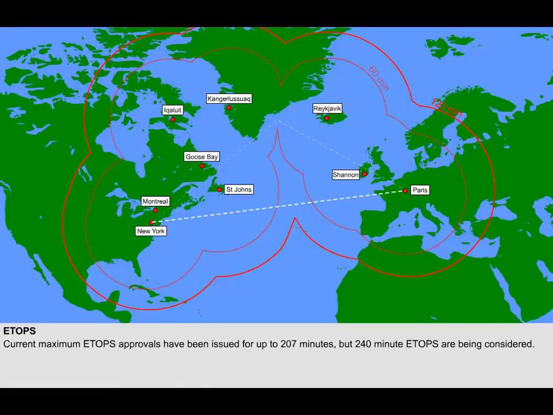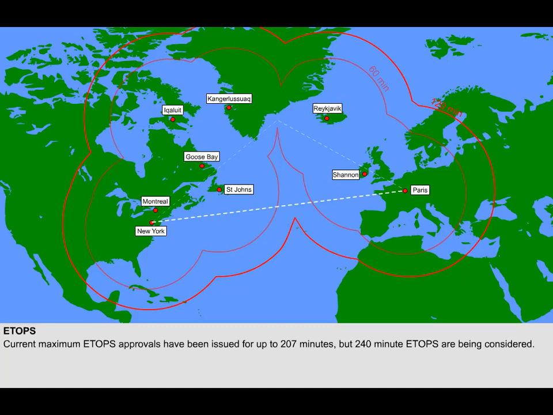Gaining an ETOPS approval of 120 minutes, for example, will greatly benefit flight tracks across the Atlantic Ocean, as shown. The route from Paris to New York, for example, can now be flown direct by a twin-jet aeroplane. Currently, the longest ETOPS approval is given to the Boeing 777.